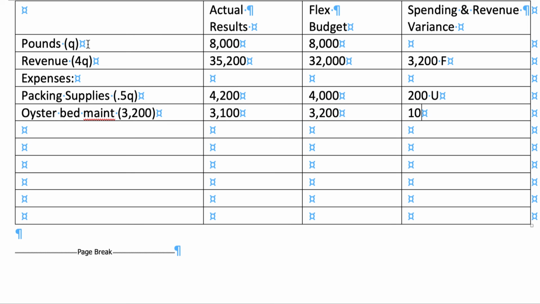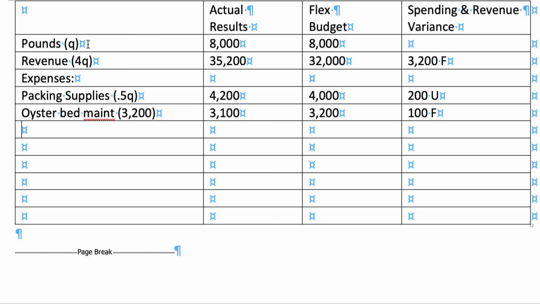So we have a $100 difference. Are we favorable or are we unfavorable? Again, what did we actually incur versus what should we have incurred based on the flex budget? Well, we actually incurred $3,100, should have incurred $3,200. We are favorable.